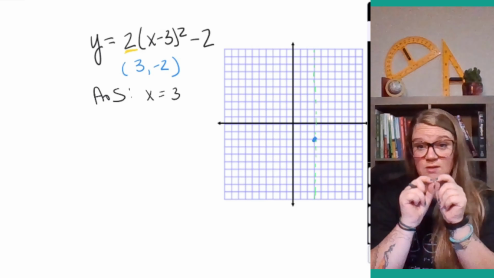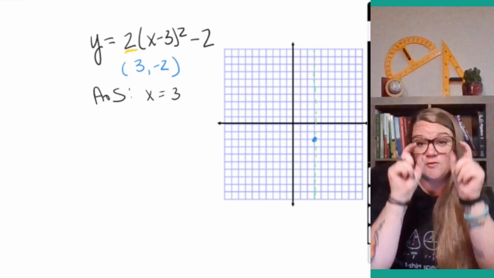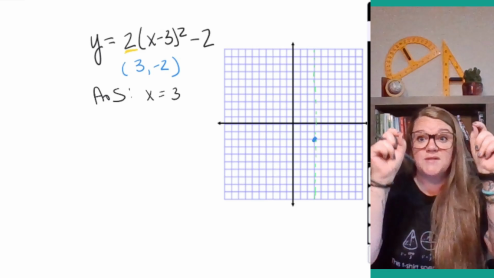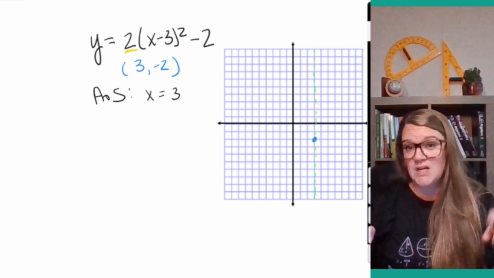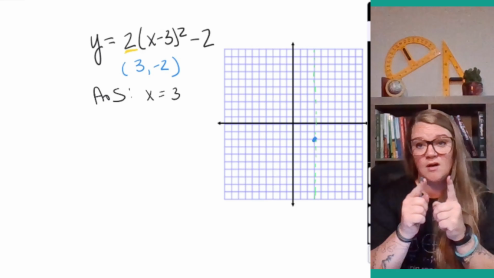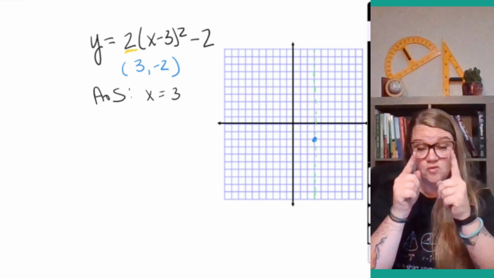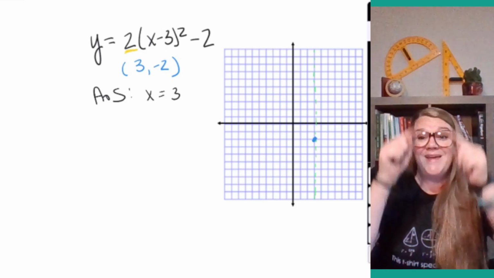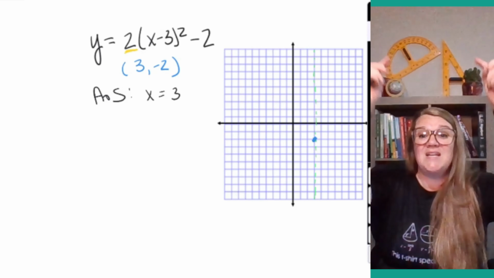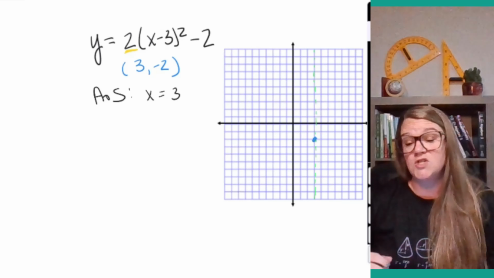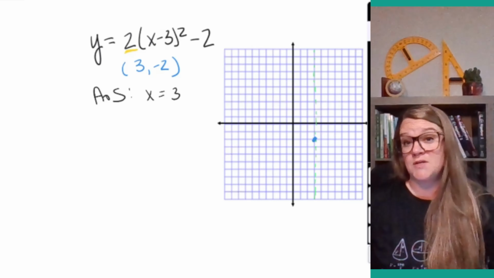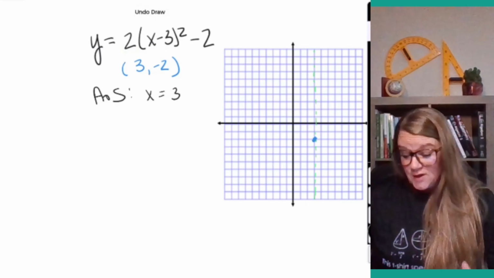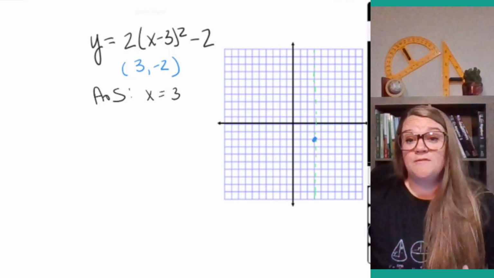So the regular size one goes over 1 up 1, over 2 up 4, over 3 up 9, over 4 up 16, over 5 up 25. This is going to go up at twice the speed. So it's going to go over 1, not up 1, up 2, over 2, up 8, over 3, up 18. It's going to go up twice as fast. So it's going to be a very skinny parabola because it's going up much faster. And I could use that to finish graphing it, but we're going to find these other things first.